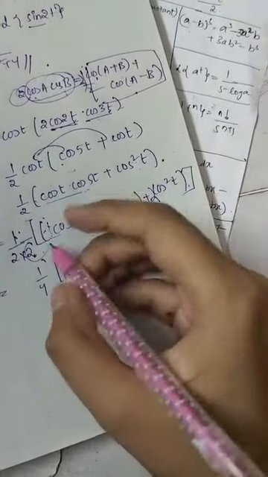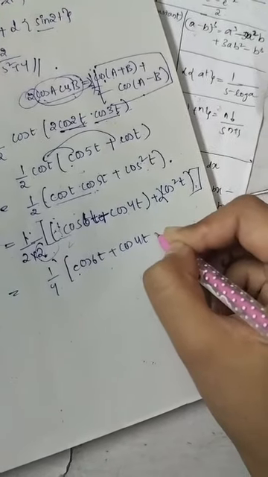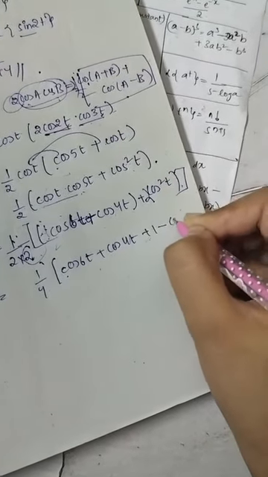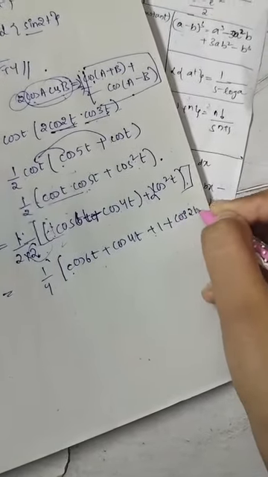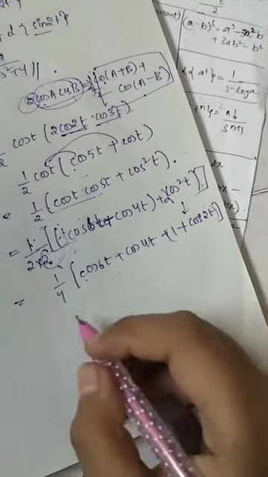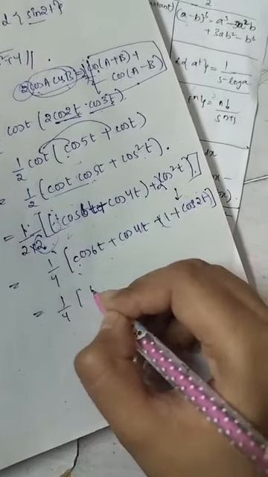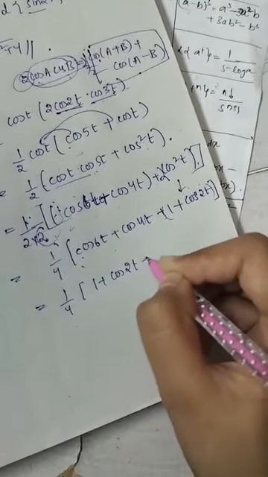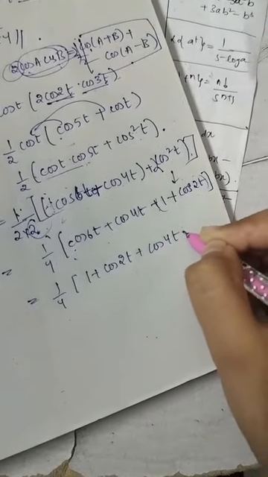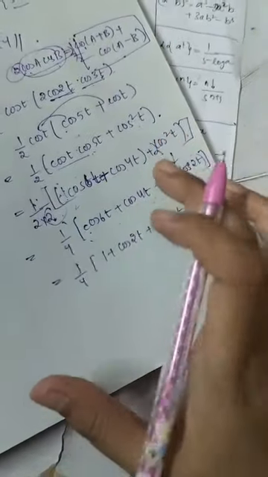So what we get is cos 6t plus cos 4t plus 1 plus cos 2t. This is equal to 1 by 4 of 1 plus cos 2t plus cos 4t plus cos 6t. We have written this in order. Now this is the final form we got after substituting the total part.